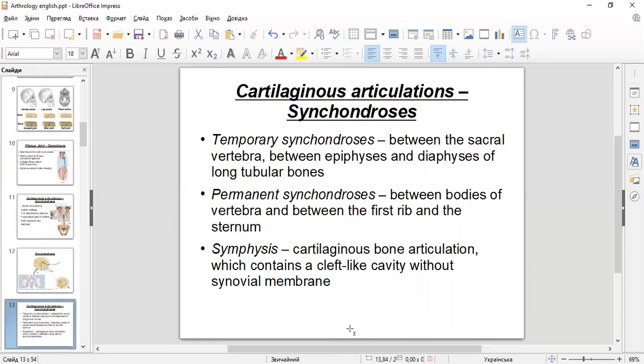Permanent synchondrosis are located between body of the vertebra and between the first rib and the sternum. Symphysis is cartilaginous bone articulation which contains a cleft-like cavity without synovial membrane.